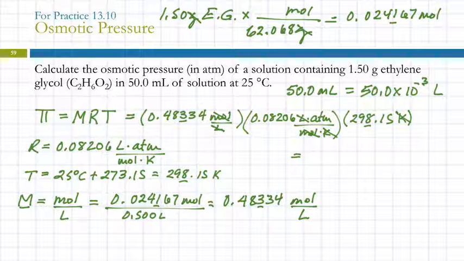How is this different from the ideal gas law? That's a good question. In the ideal gas law, we're relating the moles of gas, the volume of a gas, its pressure and its temperature.